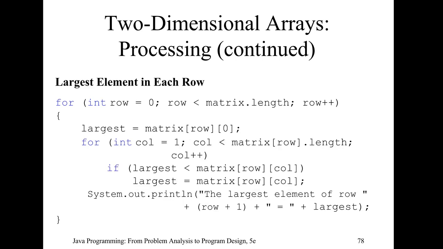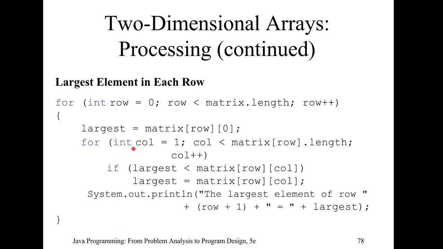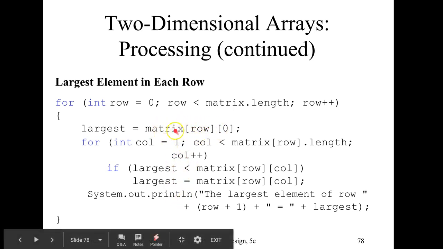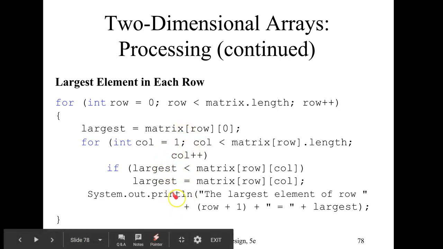If I want to find the largest element in a row, now this will give you some ideas on the solution of a couple of those other homework problems. Whenever you're finding the maximum of something in a list, in this particular case, I can just treat matrix[row] as a one-dimensional array. And so this loop right here is the solution to finding the largest element in a one-dimensional array.